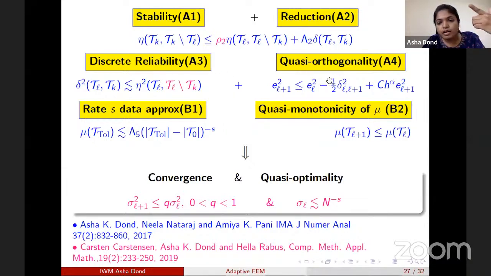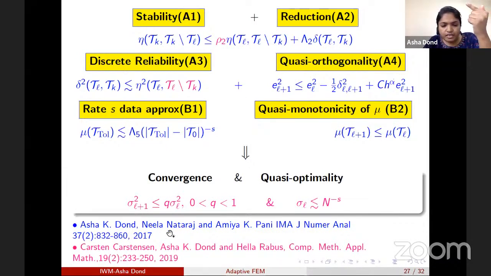Then Cauchy orthogonality means your error is reducing at every level. And the last two things are about the algorithm we use for data approximation, which also has the best optimal convergence rate. Here we are able to prove all the properties for our separate marking criteria. That's why we are able to prove this optimal convergence rate.